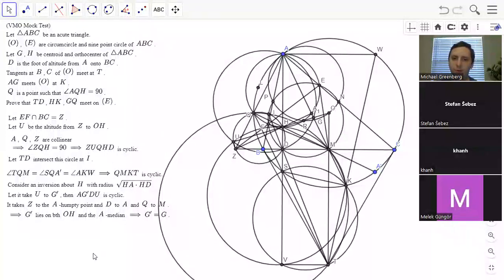Like we don't even need Q, just TD, EF, and HM. I'm surprised I've never seen that fact before.